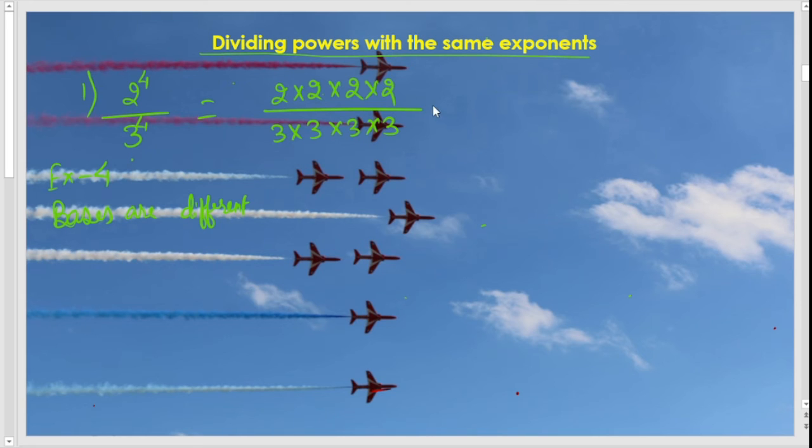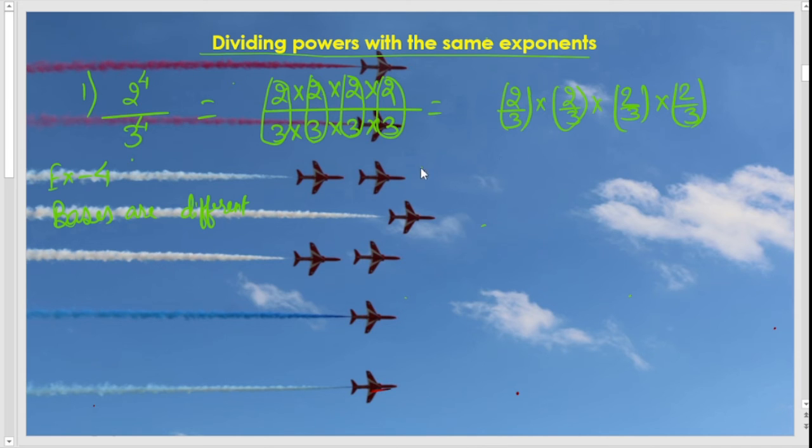Right? So we can write it like 2 by 3, 2 by 3, 2 by 3, 2 by 3, into 2 by 3 into 2 by 3.